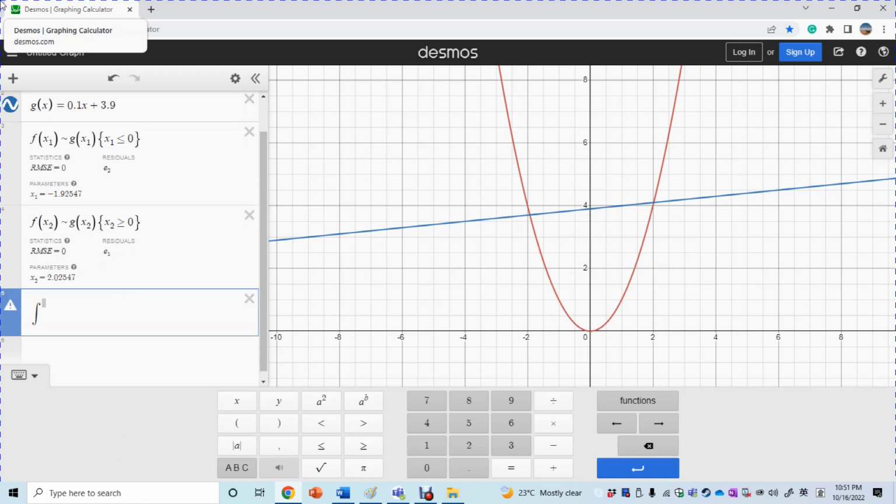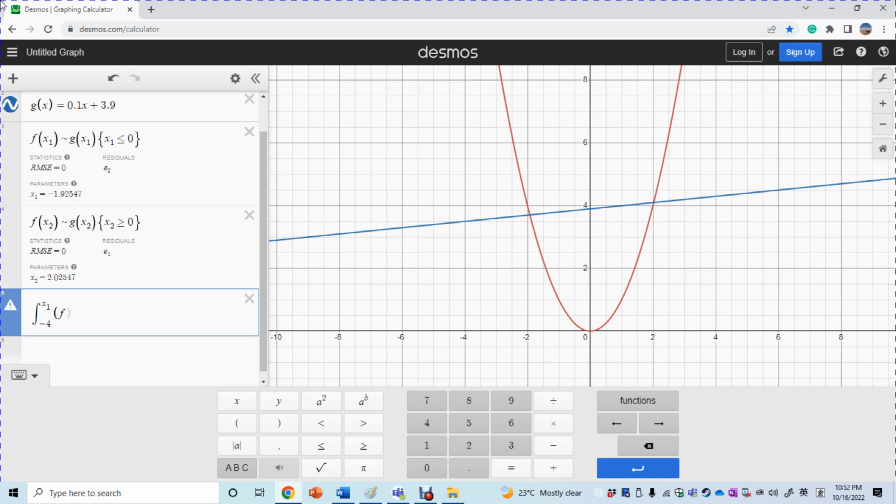You input your lower limit, from -4 to x1, because x1 is the value we've been using, minus 1.92547.